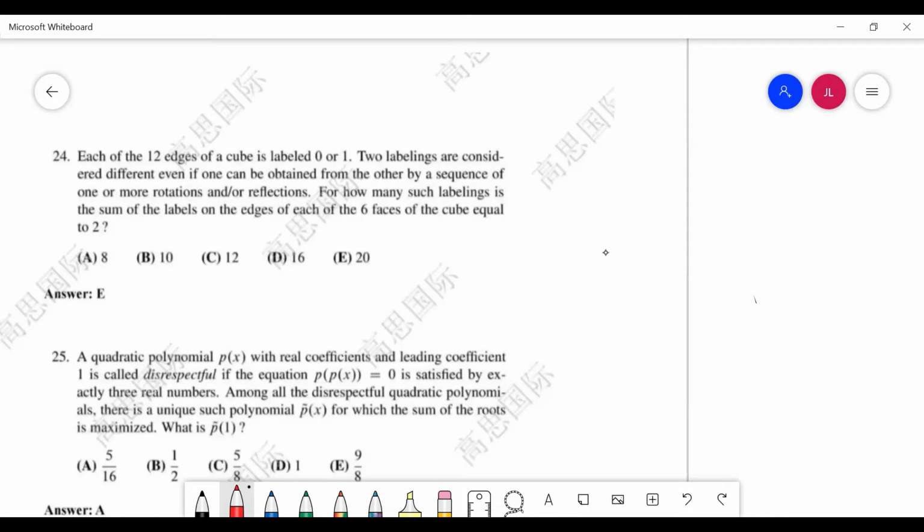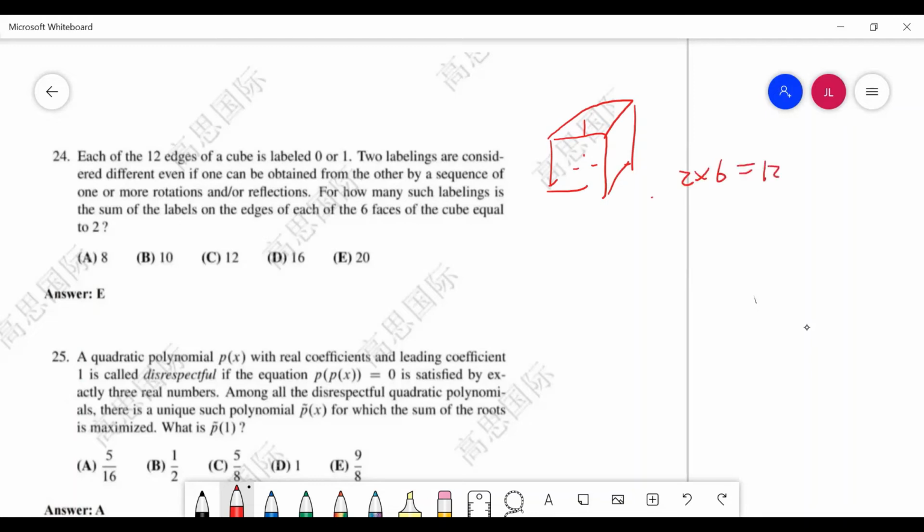Number two, for how many such labelings is the sum of the edges of each face equal to 2. If you think about it, a cube has 6 faces, and each face has a sum of 2. So 2 times 6 gives 12 counts.